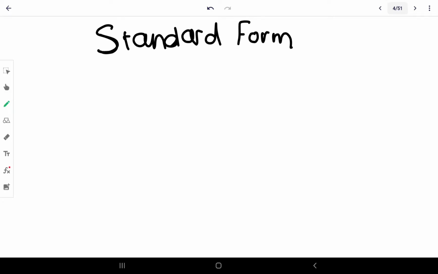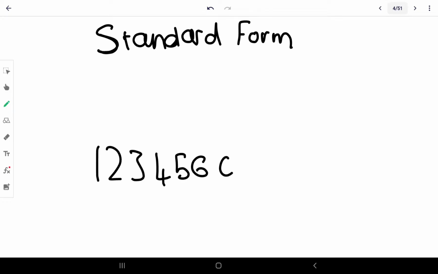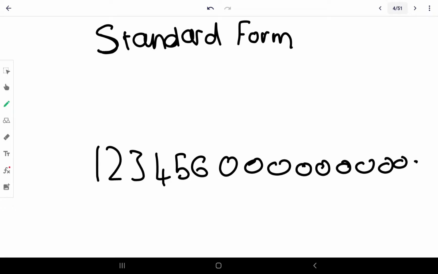So why do we use standard form basically? For example, let's take this number, 1, 2, 3, 4, 5, 6, 1, 2, 3, 4, 5, 6, 7, 8, 9, 10. Let's take these very large numbers. So how do you calculate it? Let's calculate it like this.